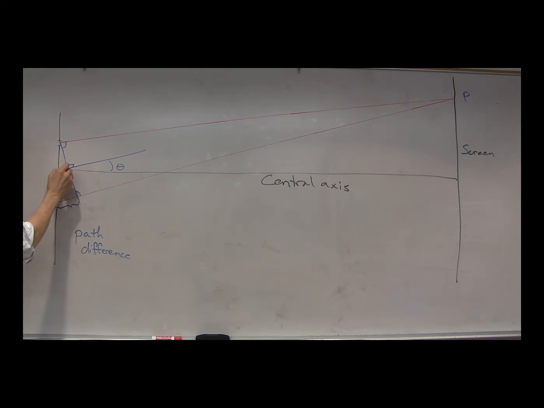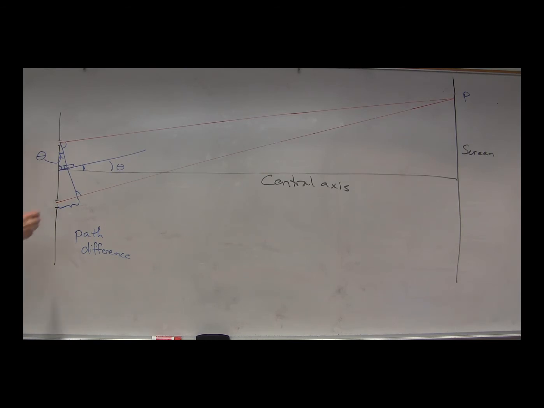If that's a right angle and that's a right angle there, then this angle is going to be 90 minus that angle, which is the same as that angle. So if this is an angle theta, this also has to be the same angle theta.